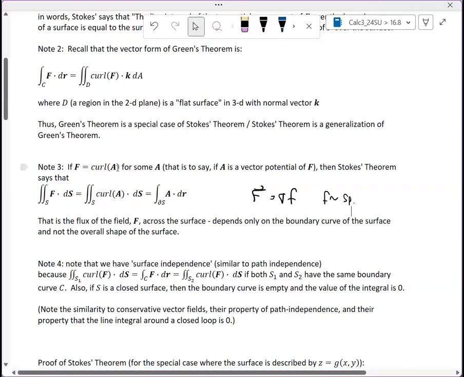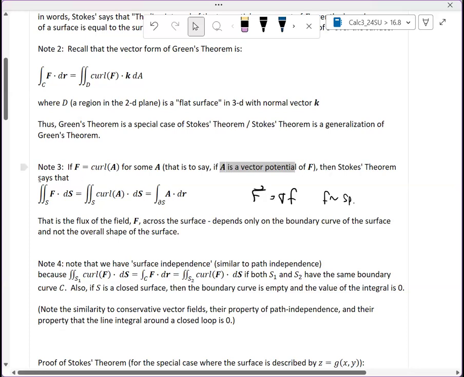Well, this is, in a sense, the vector equivalent. If F equals curl A for some A, we call A a vector potential of F as opposed to a scalar potential, because A's curl is F rather than little f's gradient being field F.